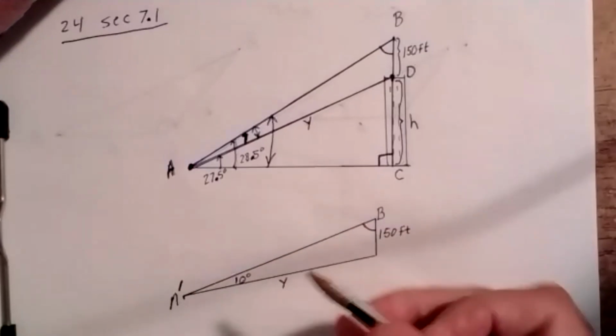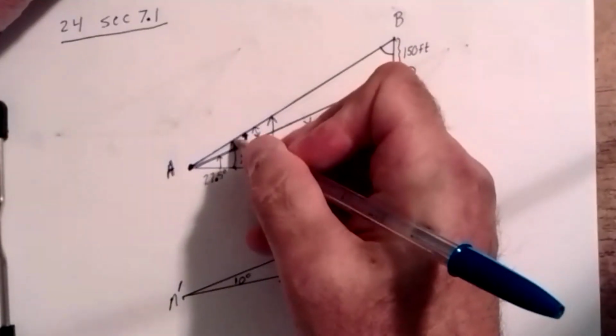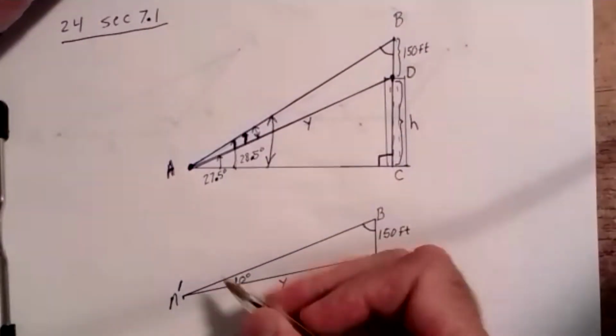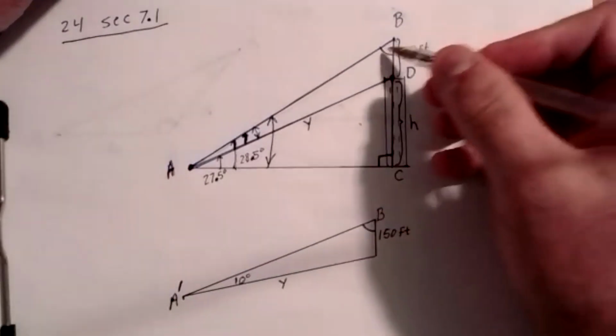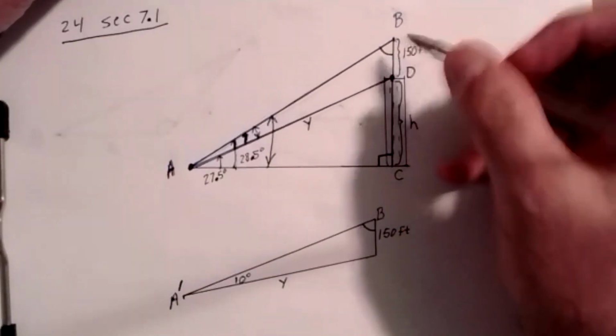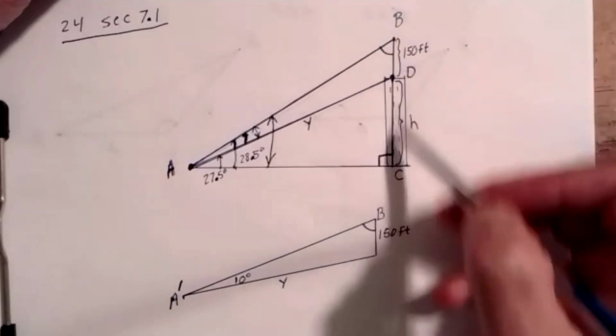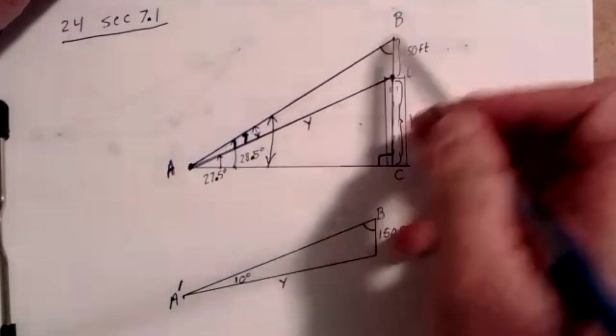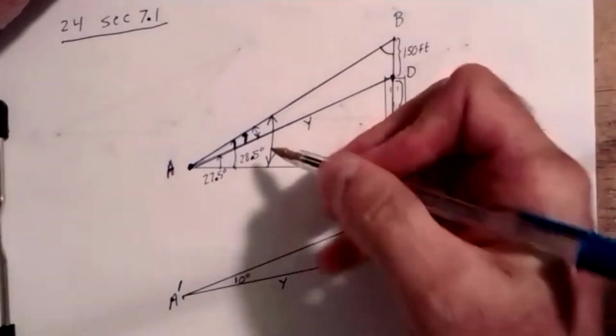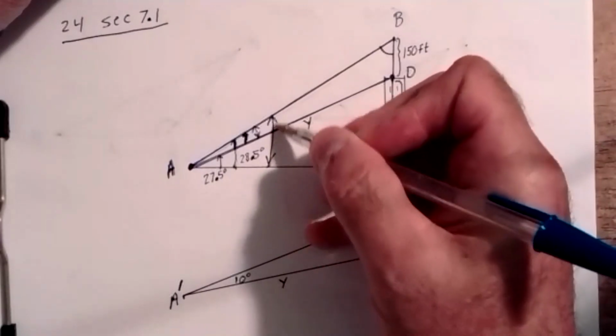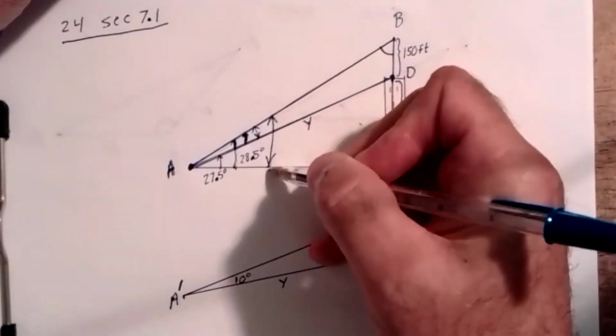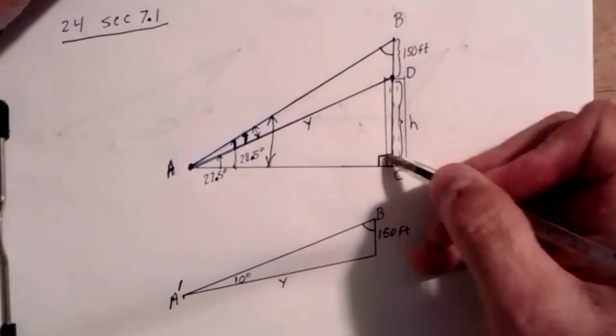This angle A prime, I'll call it, will just be this little 10-degree angle here. So to find angle B, we would use triangle ABC. We have a big right triangle here, ABC. We know that this angle here, angle A, is 28.5 degrees. We know this is 90 degrees.